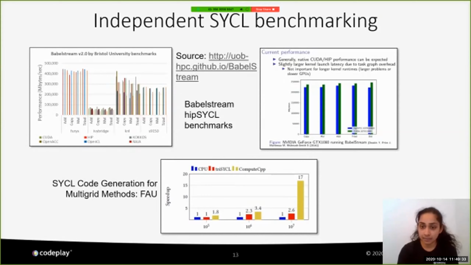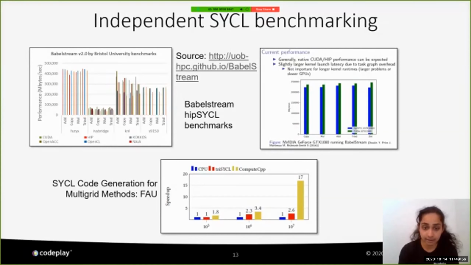The second graph shows the bandwidth for CUDA compared to hipSYCL. We can see in both cases that SYCL performs either as good as or within about 5% of the actual CUDA benchmark.